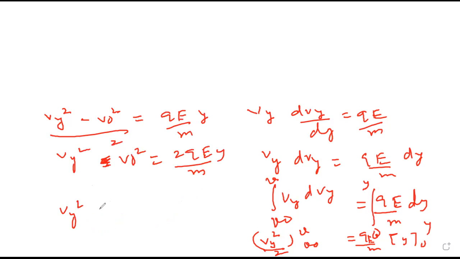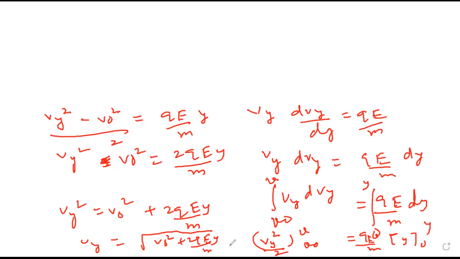Therefore vy squared is v naught squared plus 2qEy upon m. vy equals root of v naught squared plus 2qEy upon m. Correct option is A.